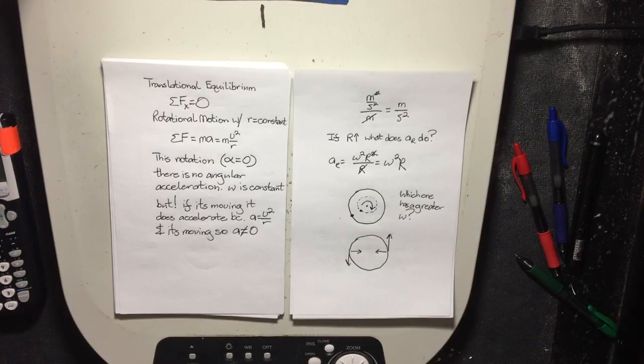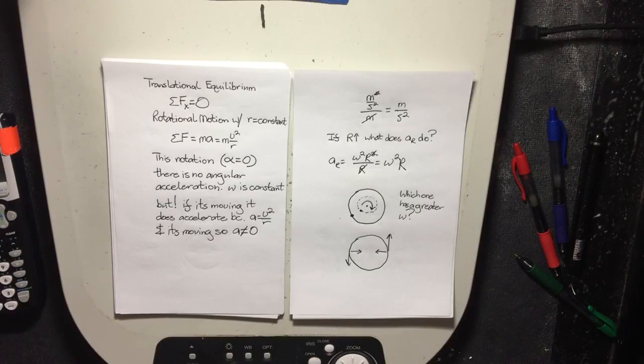There's the radial acceleration, the linear acceleration, and then there's the angular acceleration. Linear acceleration just means if you've got something rotating, those points are accelerating inward. Angular acceleration means if this thing is rotating constantly or not moving at all, there is no angular acceleration.